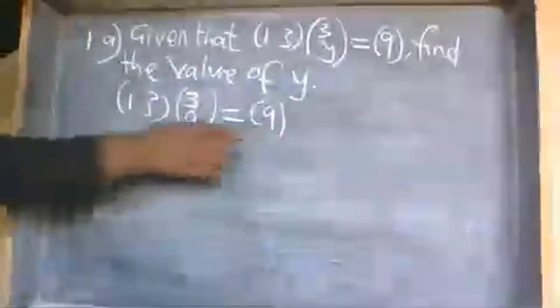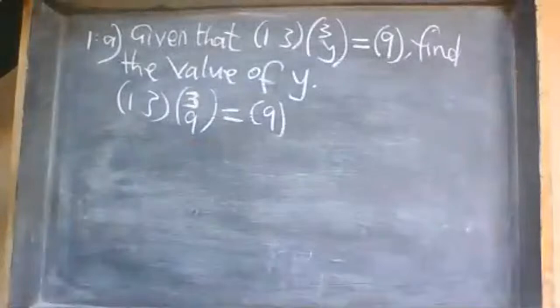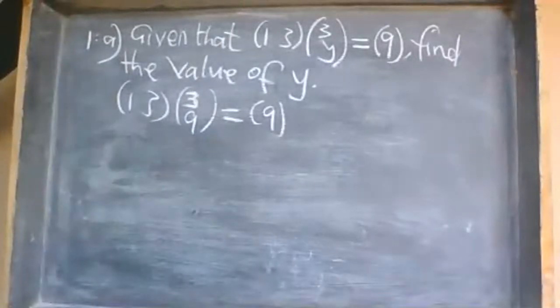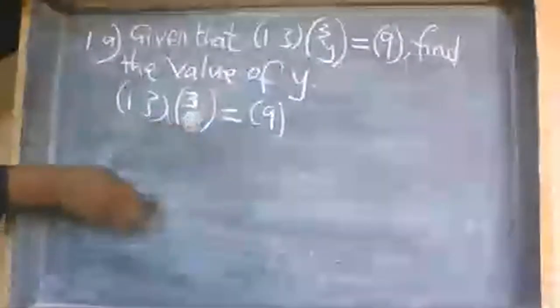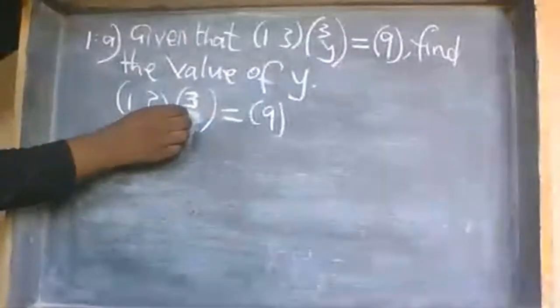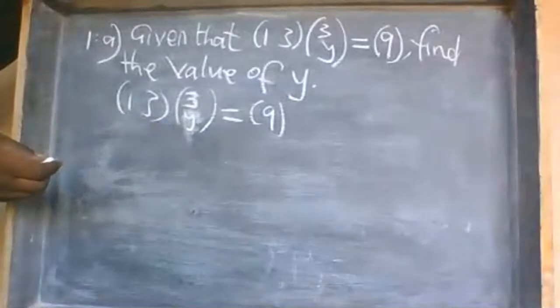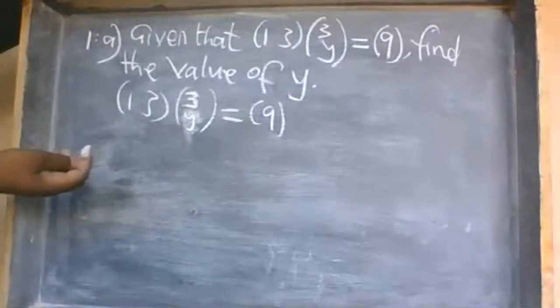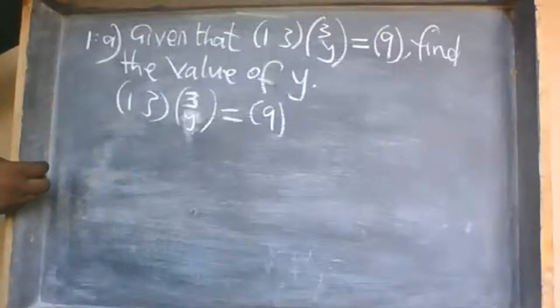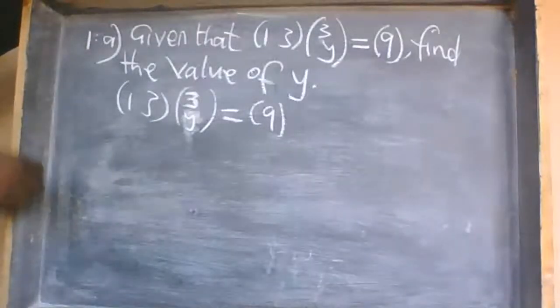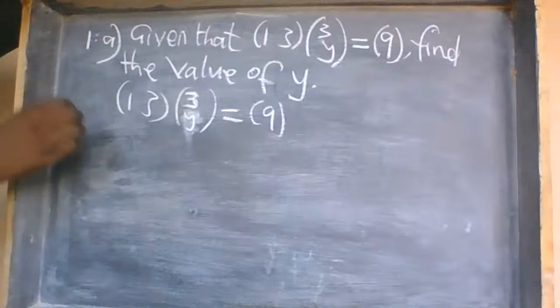The rule when solving such questions is to first put the question in the form of calculating the determinant. So the formula for calculating the determinant is like this.